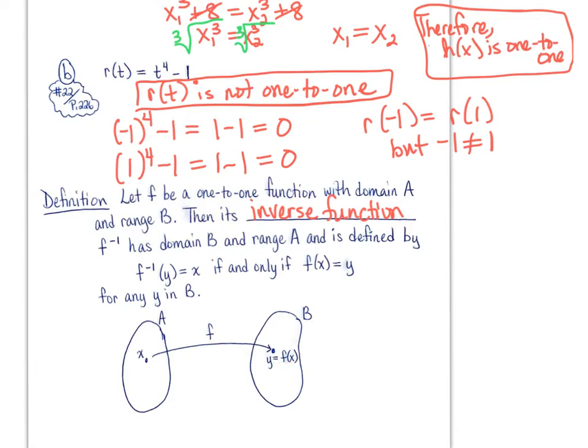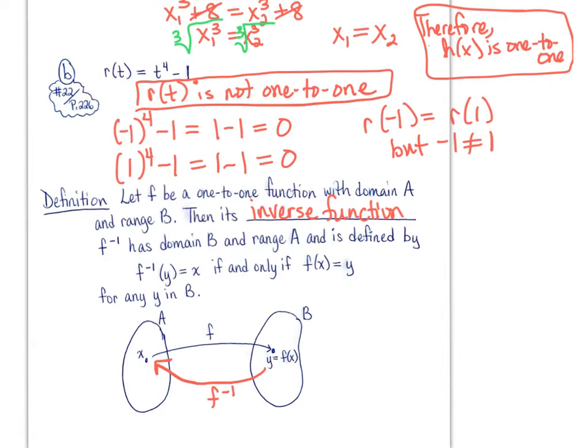F inverse takes B and sends it to A. So f inverse of y is going to equal x if and only if f of x is equal to y. Okay?